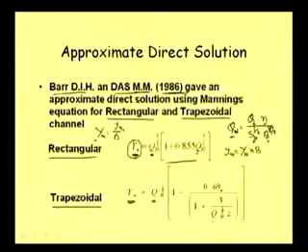If there is some difference, we then reach the correct value by moving again with a trial and error procedure. So this approximate direct solution given by Bar and Das is useful in taking the initial value.